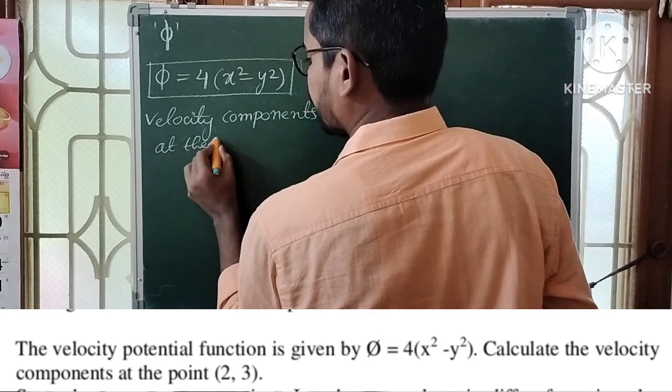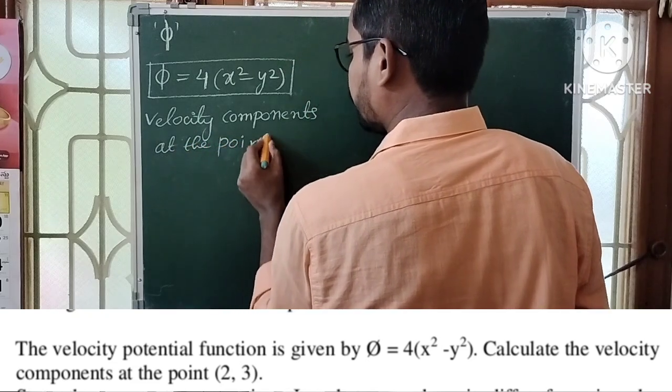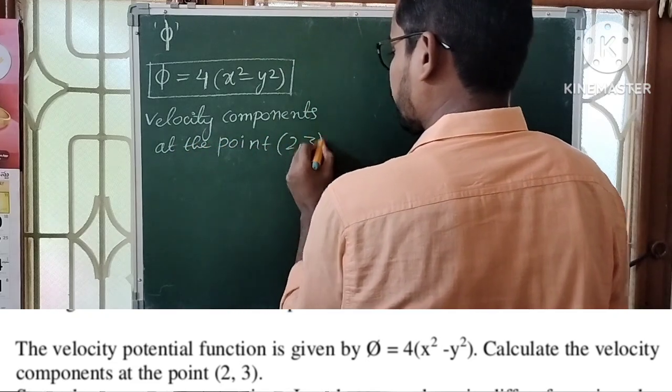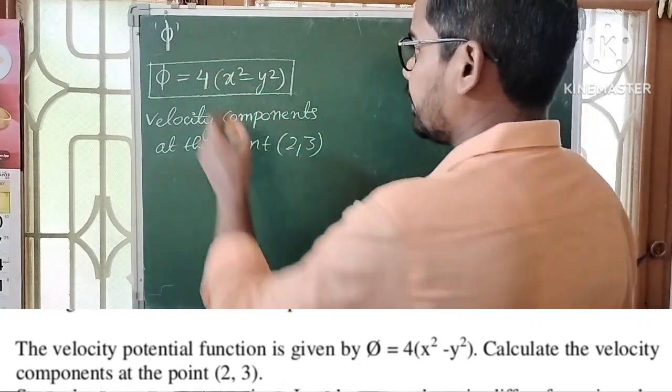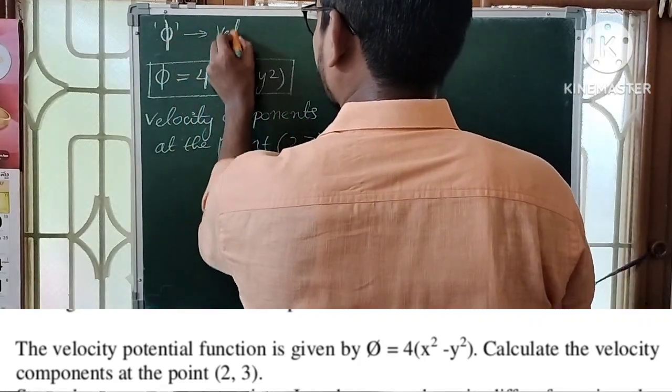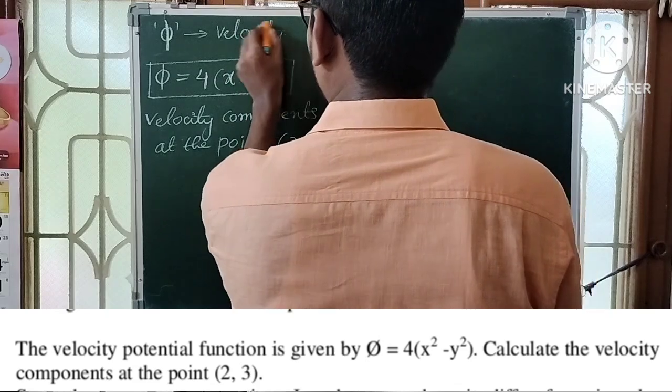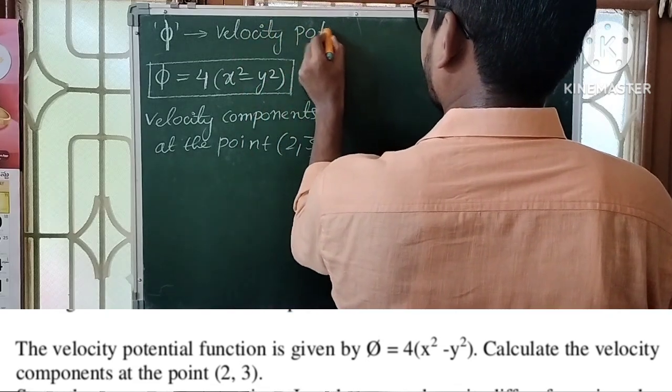Here phi is called the velocity potential function.